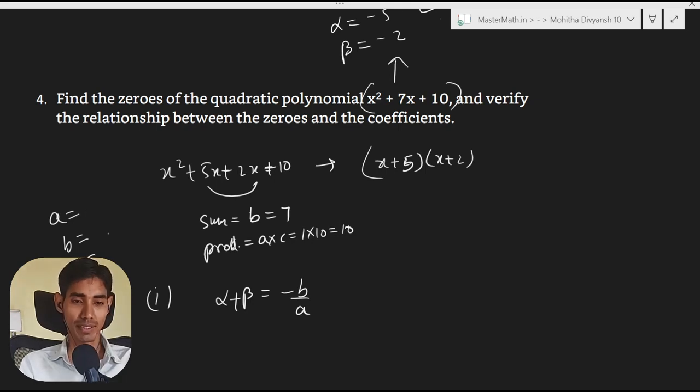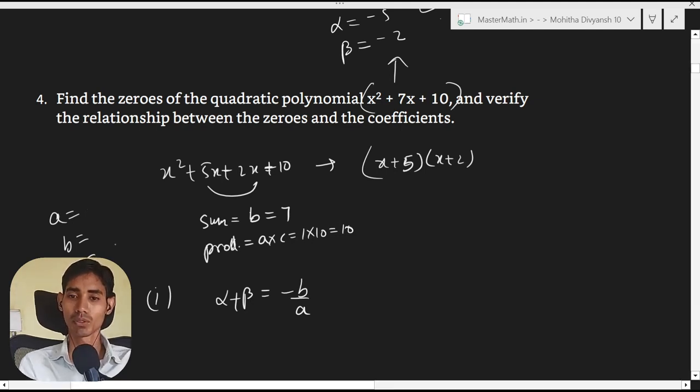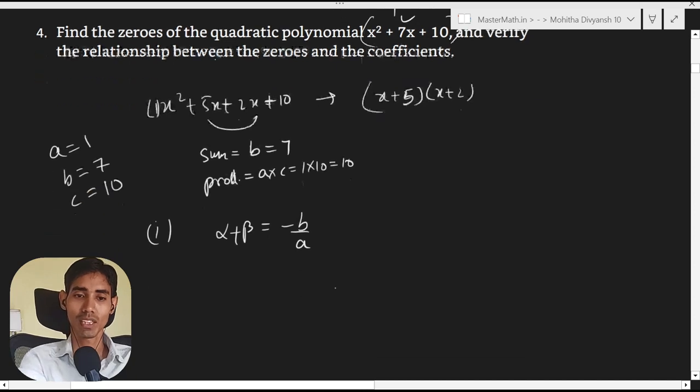I'm just asking the coefficients a, b, c. What are the values? A is 1, 1x square. B is 7, sorry, to confuse. C is 10. So these are ABC values.